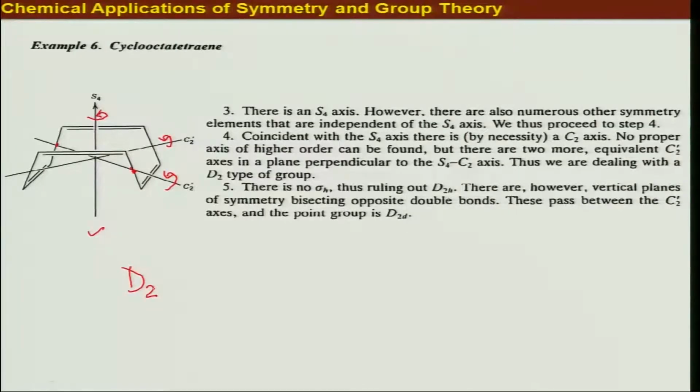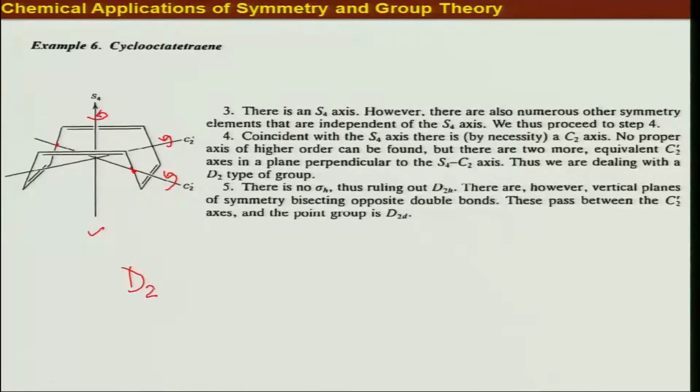Now, then you have to ask the next question, whether there is a sigma h. Looking at this molecule, do I see any plane which is perpendicular to this C2 or S4 axis that can give you an indistinguishable structure? And the answer is an obvious no, right.